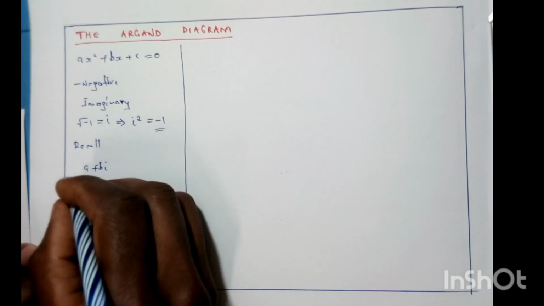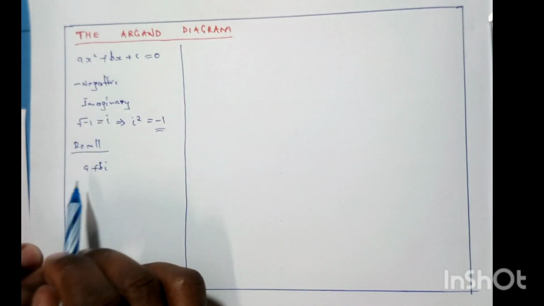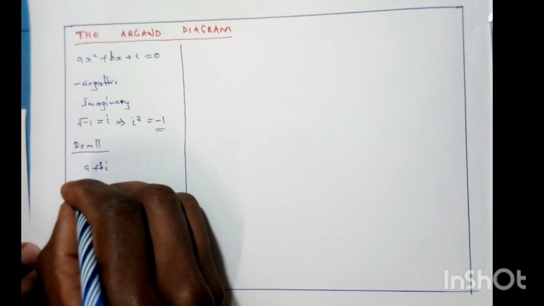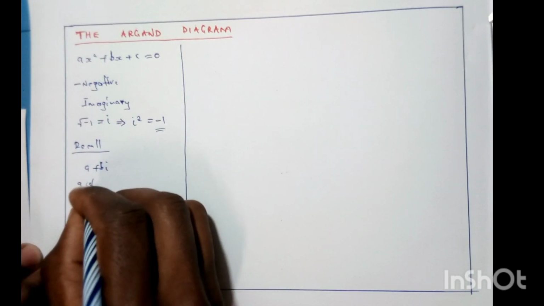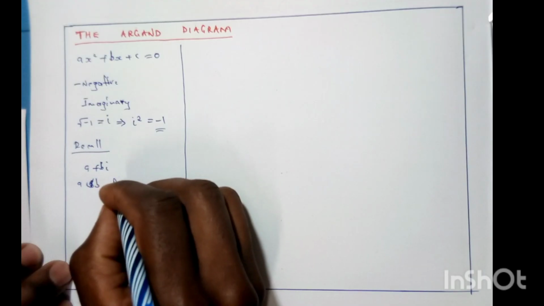From this representation for the set of all numbers of this form, we said that a and b form a set of real numbers.